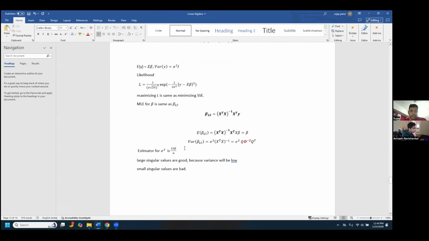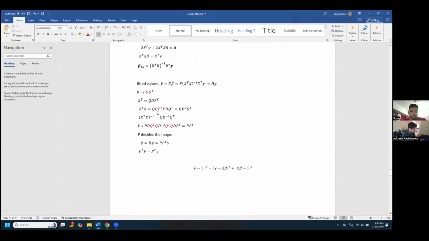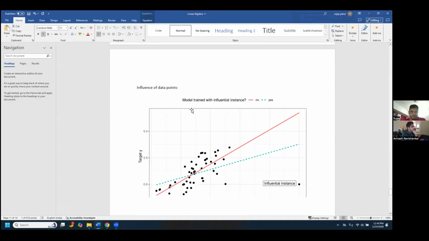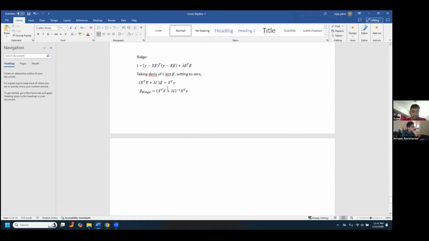Remember we derived the hat matrix in terms of P P transpose. We can do similar derivations here. We remember that x transpose x is Q D squared Q transpose, so I will use this fact now. I will show you how the algebra changes.